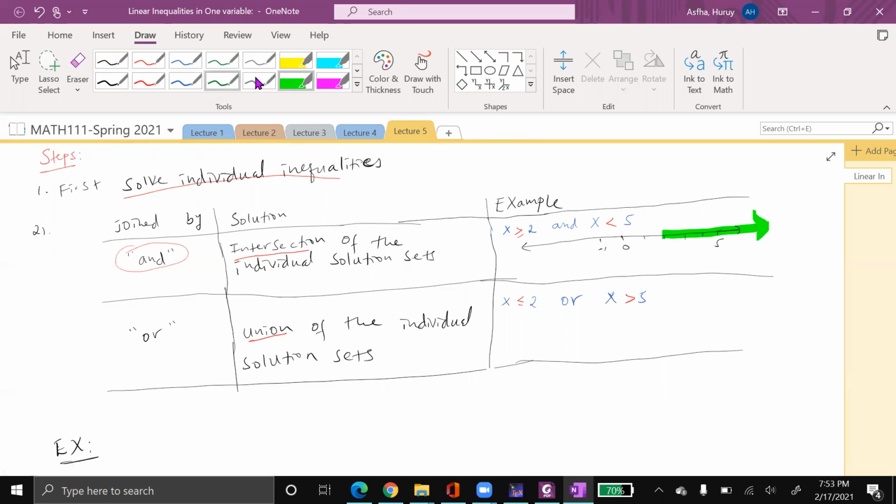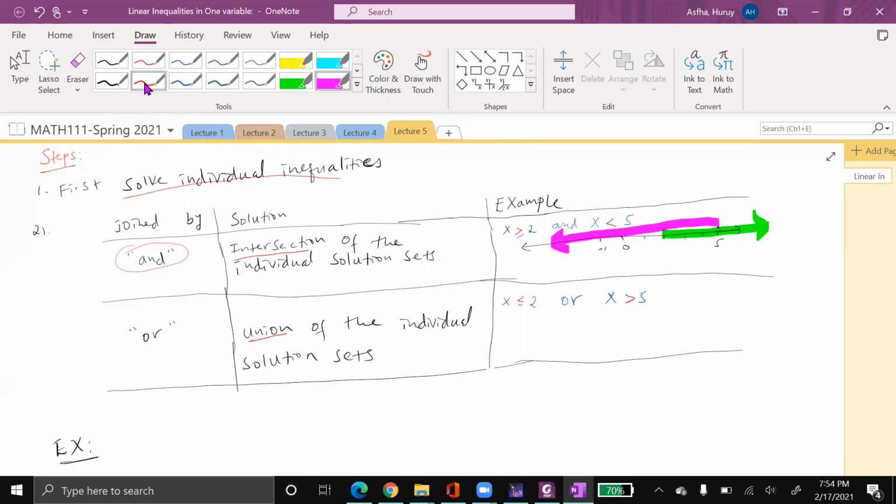And then the second one is x less than 5, so we start with 5 here and we go to the left.